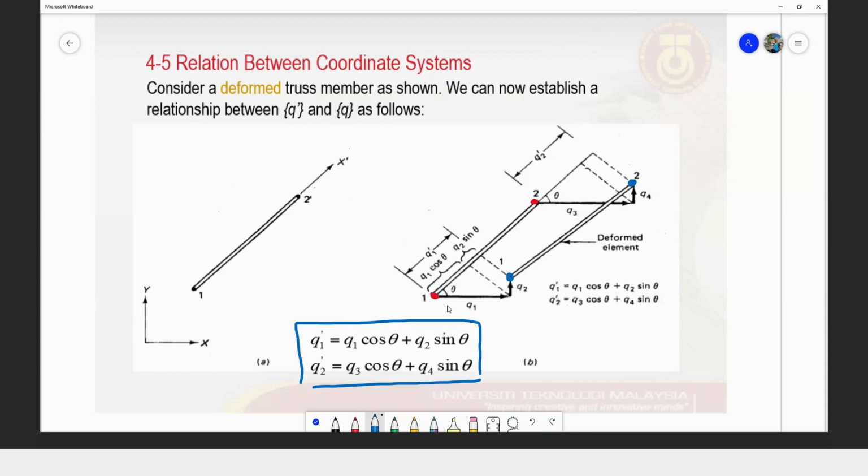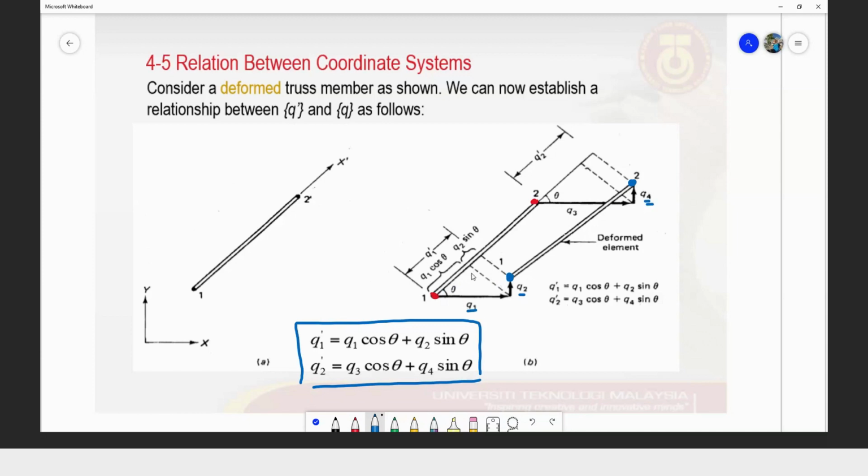Okay, then now from this we deal with the vectors and trigonometrics. So from position 1 to the new position of point number 1, dia displaced dalam arah X by Q1 and displaced in the vertical direction by Q2. Okay, sama juga pada nodes number 2, dia displaced dalam arah X sebanyak Q3 and then displaced dalam arah Y sebanyak Q4.